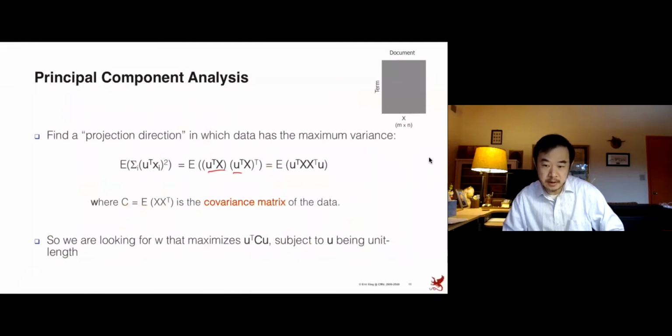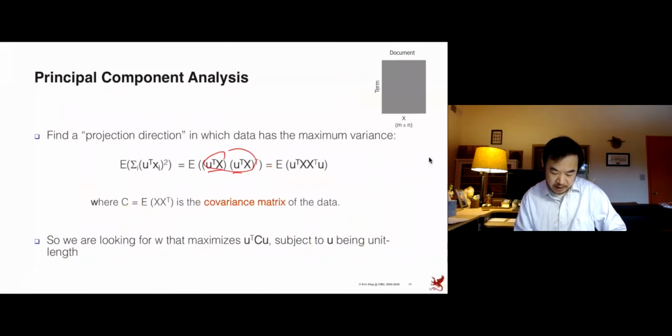Because they are centered, the square of that is actually the variance of the data along that direction. Okay, we're going to take expectation over that. That expectation can of course be computed by just a numerical sum of all these square terms divided by n, that is 1 over n, right?